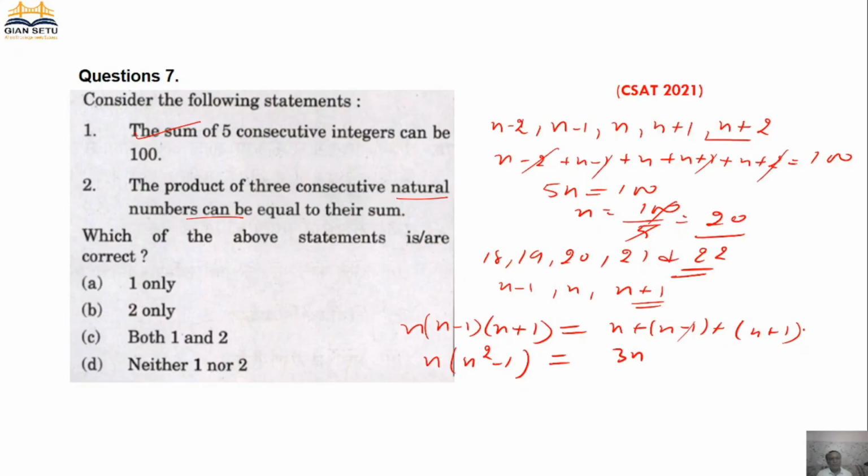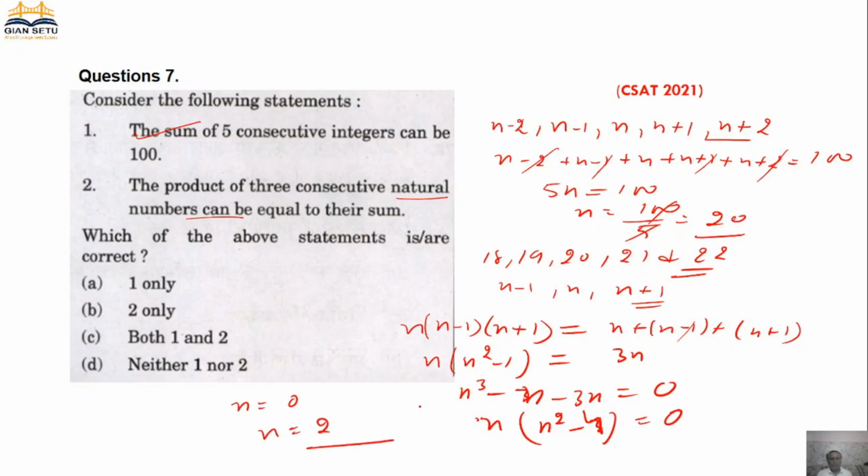Minus 1 gets cancelled out with plus 1, and again we have n cube minus n minus 3n is equal to 0. Now n into n square minus 4 is equal to 0. So n is equal to 0 or n is equal to 2.